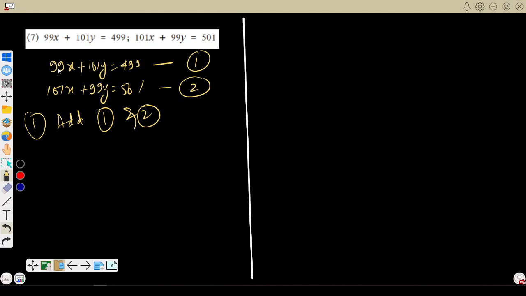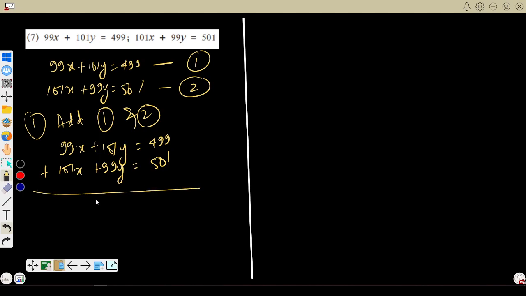So what will happen? 99x plus 101y is equal to 499, plus 101x plus 99y is equal to 501.